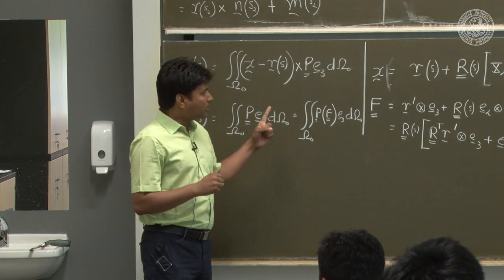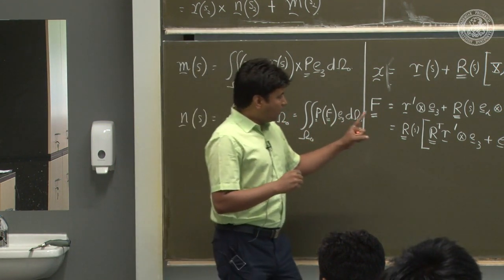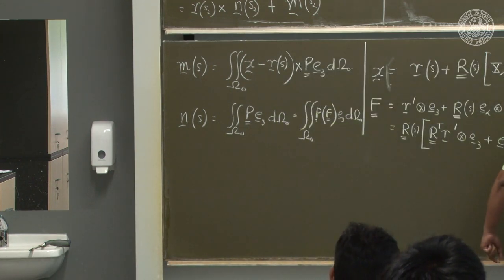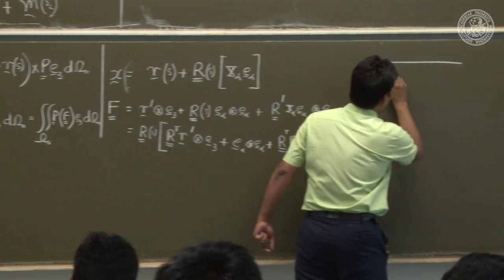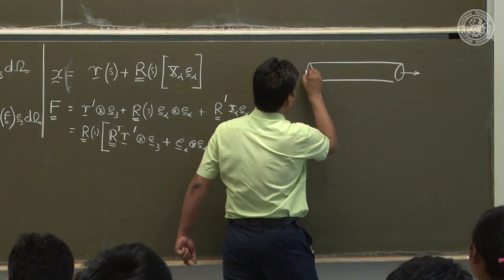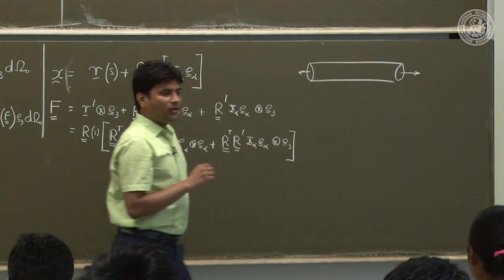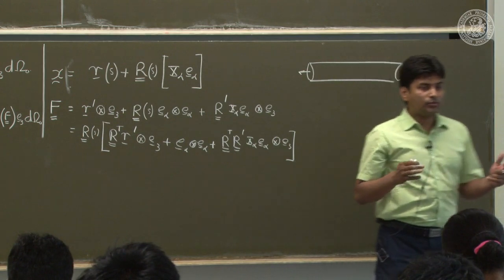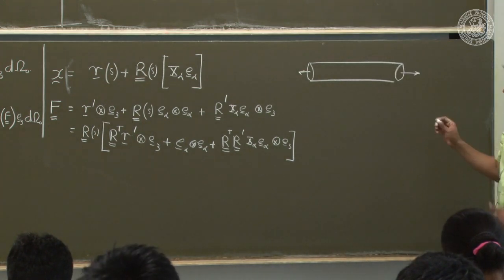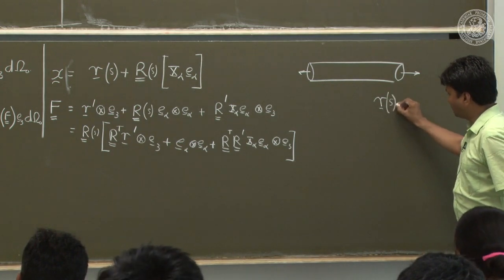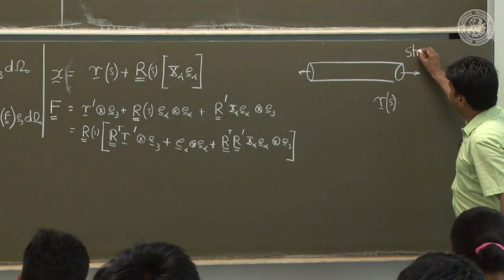If you just think of stretching of a bar, you can do that calculation at home. You have a bar and you are just stretching it. Then think in terms of the rod: what will small r of S be if you are just stretching? So, stretching of a bar.